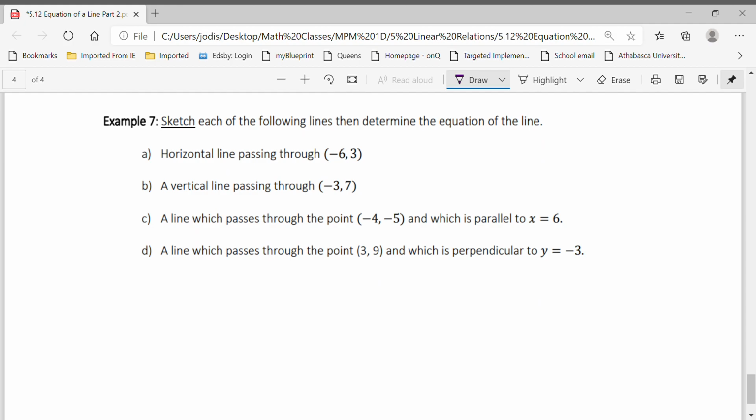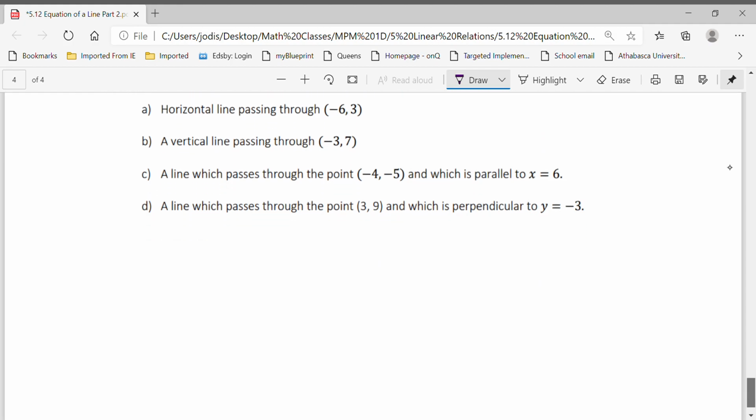We want to sketch each of the following lines and then determine the equation of the line. First we have this horizontal line, and it's passing through negative 6, 3. So again, a quick sketch: y, x. X is negative 6, 1, 2, 3, 4, 5, 6, and y is 1, 2, 3.